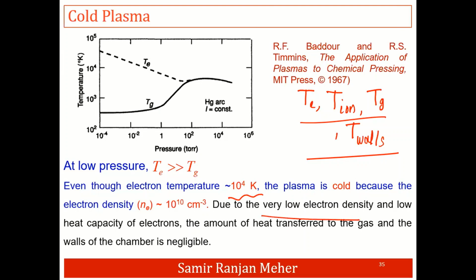So the amount of heat transferred by the electrons to the rest of the system is very small. That's why the plasma is not hot. It is at room temperature, and therefore it's called cold plasma. So here we should note that the electron temperature is very large compared to the gas temperature, and this happens at a very low pressure. That is what we see in the sputtering process.